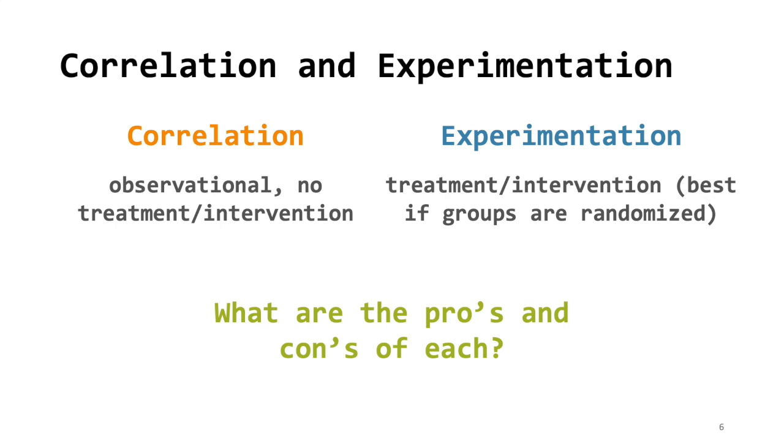For example, all the studies done with smoking basically had to be correlation because the scientists understood that smoking probably caused problems. And so it would be unethical to say, okay, you random group, you need to smoke while another group, you don't smoke. So experimentation in that case is just not all that useful.